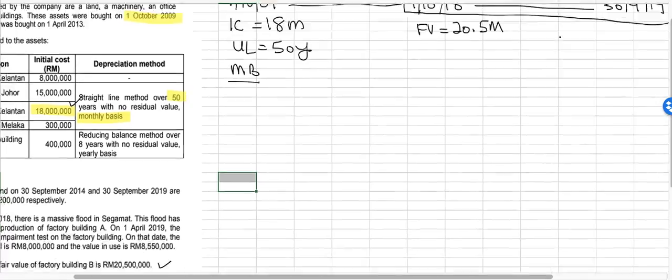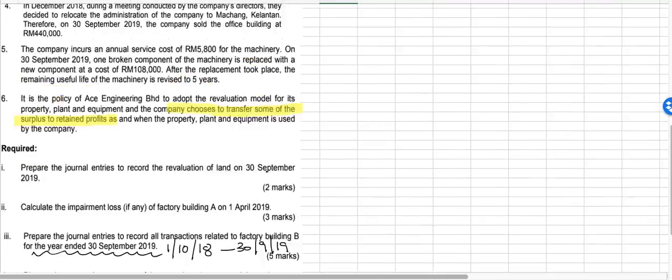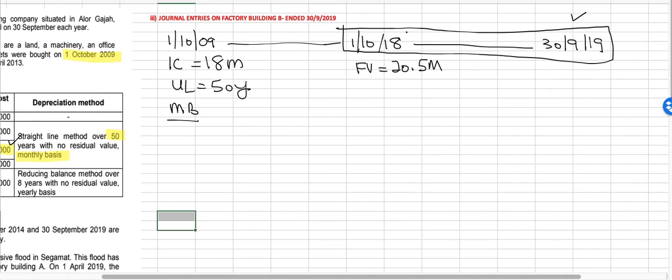So the wording of the question, for the year ended, means you have to show all entries from the beginning of the year, which is 1st October 18 until 30th September 19. This is a one year period. It just happened that at the beginning you revalue your factory building, so you have to show all the journal entries throughout this period.